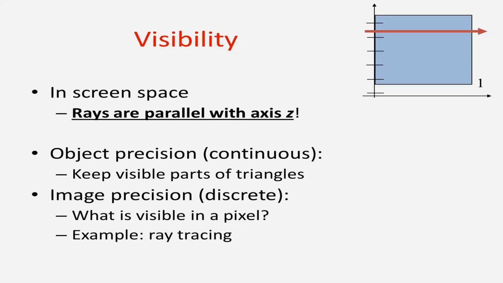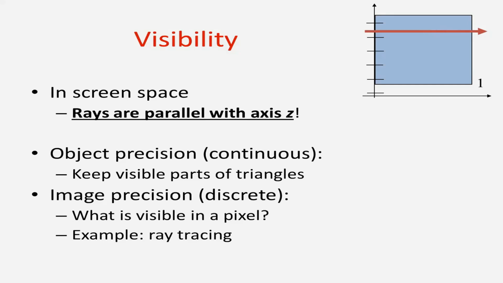We have to emphasize that visibility is determined in screen coordinates, where rays are parallel with axis z and x and y coordinates are the physical pixel coordinates. We made all the complicated looking homogeneous linear transformations just for this, to calculate visibility and projection in a coordinate system where these operations are very simple.